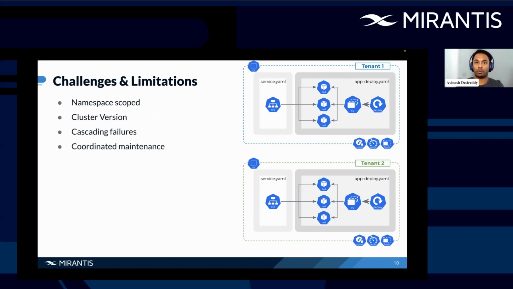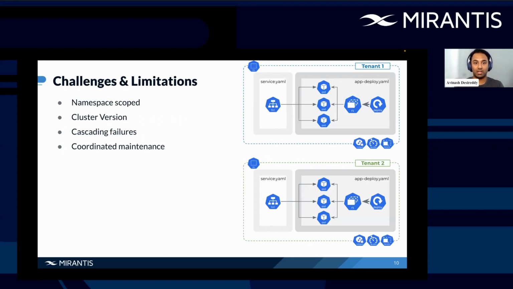But what if a user has to work with custom resource definitions? There are different resources in Kubernetes, where some of them are namespace scoped and some of them are not scoped to a namespace.